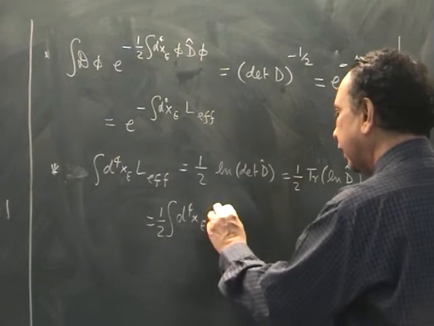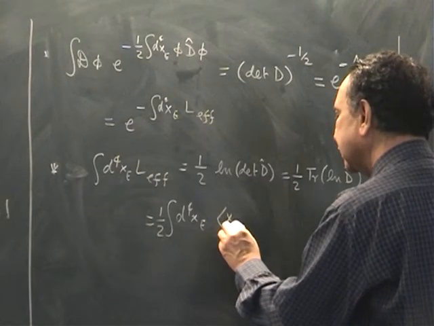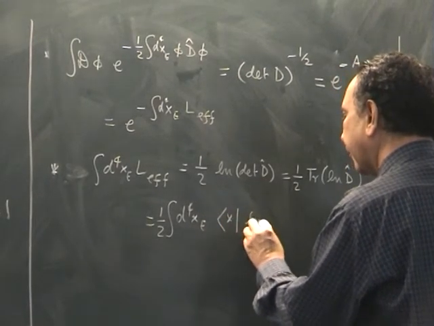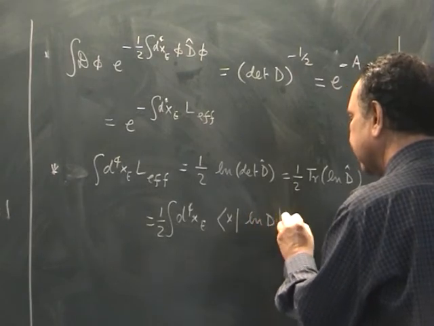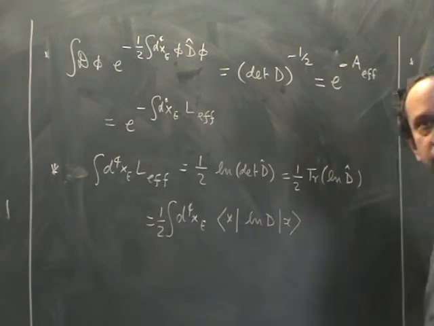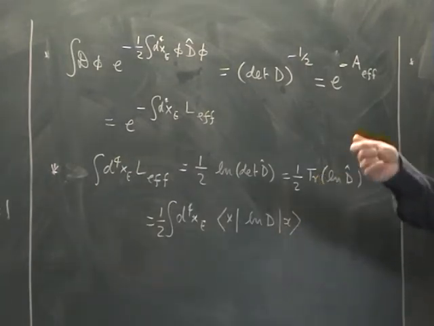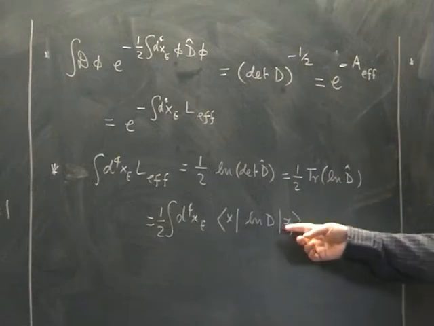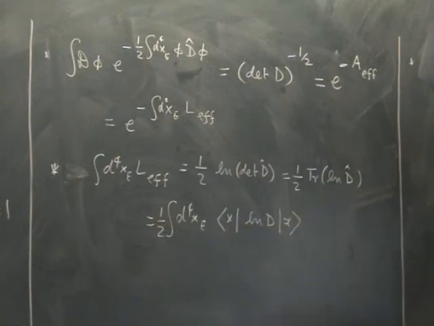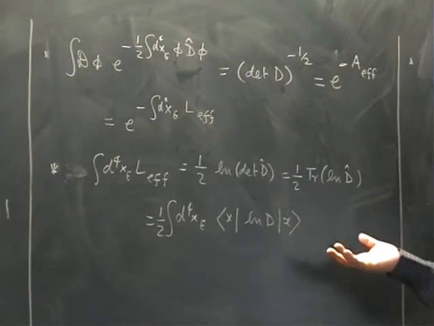Then you have a log D, which you think of as the matrix element <x| log D |x>. So D is some operator. Now we are thinking of it as acting on the x space, on a space of states like this. Okay. This is just our normal quantum mechanics.